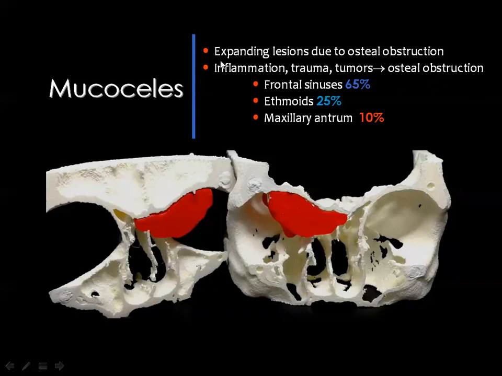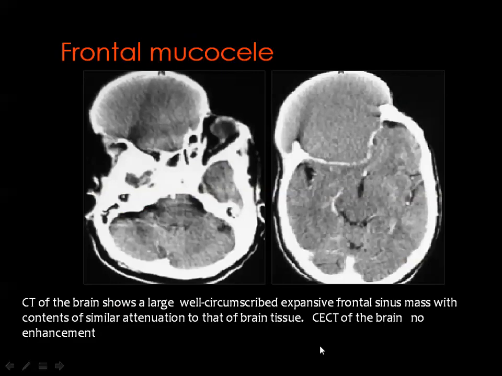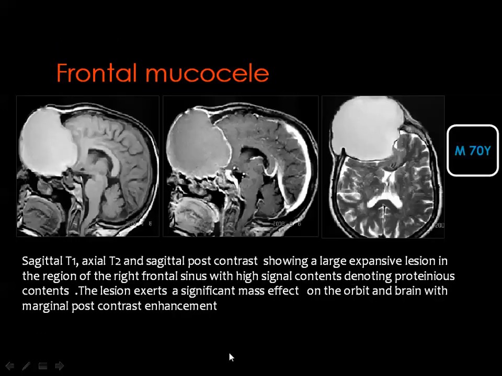The mucoceles are common in the frontal sinuses, less common in the ethmoids, and much less common in the maxillary antrum. This is a huge frontal mucocele by CT involving the frontal sinuses with marked expansion and thinning of the bony margins with significant encroachment on the cranial cavity as well as the orbit, of course.